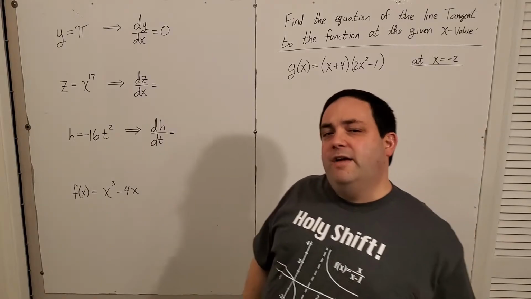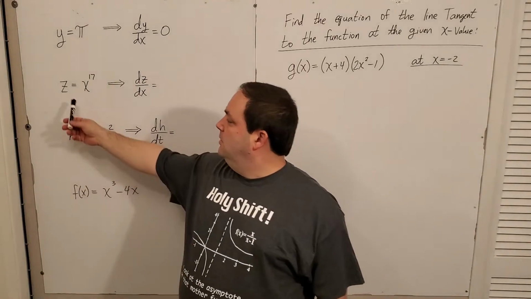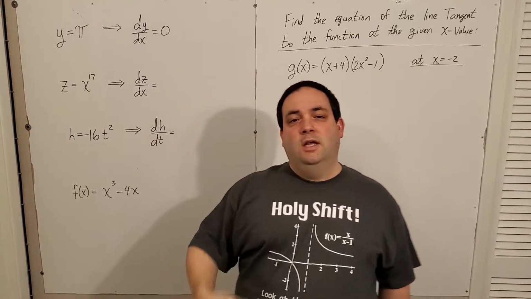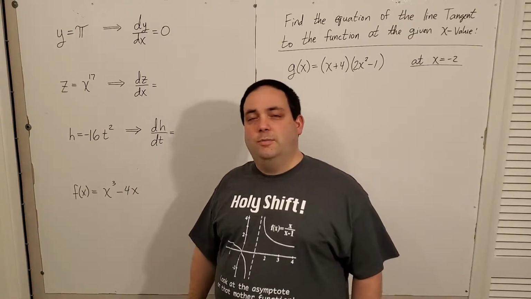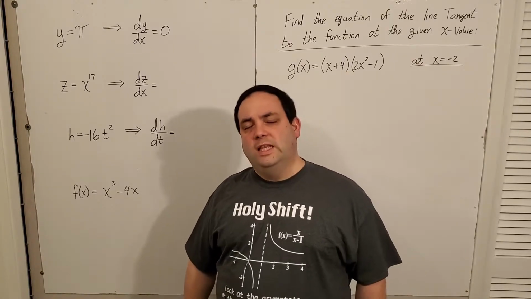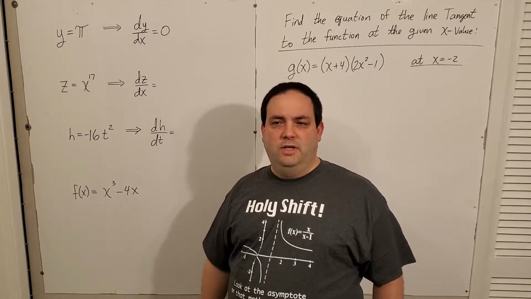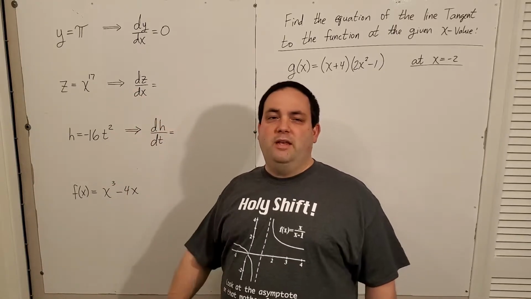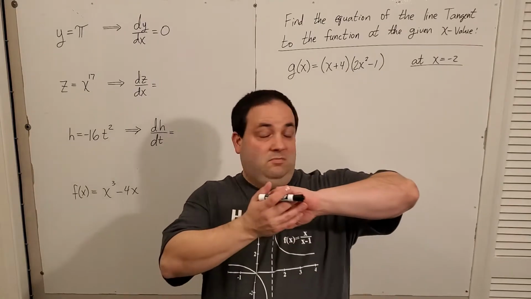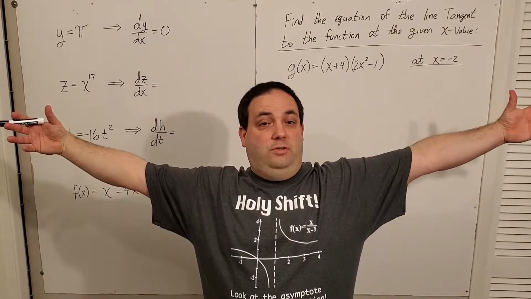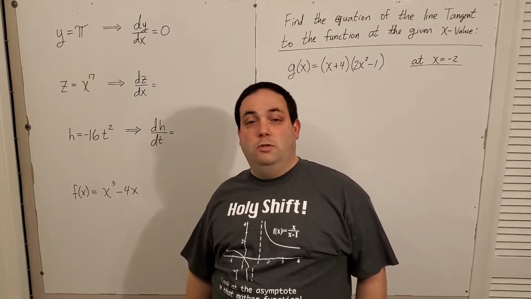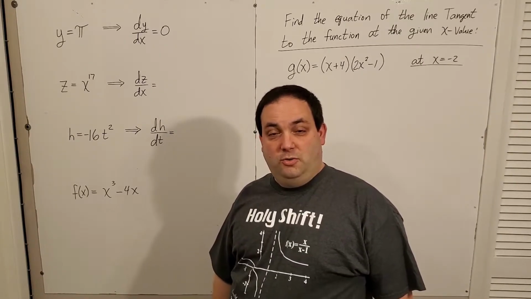Next, what if I have a function z equal to x to the 17th power? Now here's an example of something that you would really not like to do with the limit definition of derivatives, because you would have to expand out an x to the 17th power, and that has lots of terms. To have to do this one with the definition would just be cruel and unusual punishment to a student.